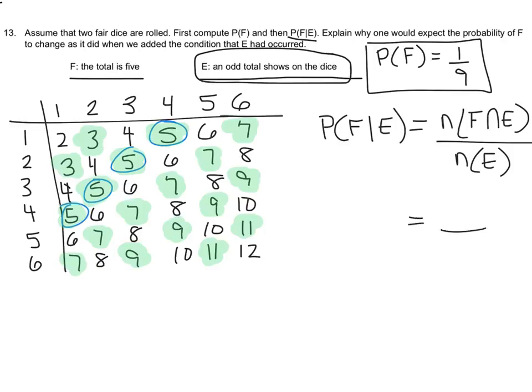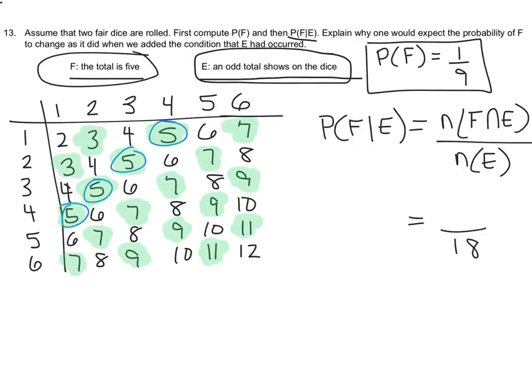Now I want to find the numerator, and the numerator is the number of times that those two events intersect. So that means that both events occur at the same time. So the event F is the total of 5 shows, and the event E is that an odd total shows. So we're going to look at all of the sums that we highlighted green on the screen.